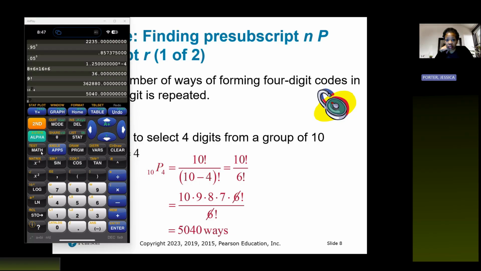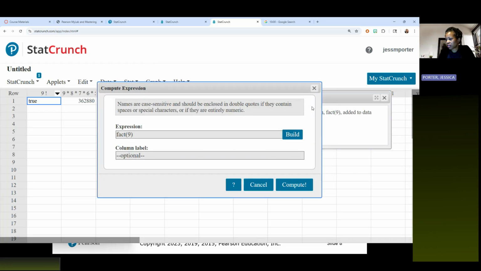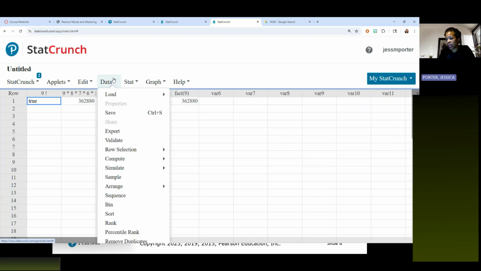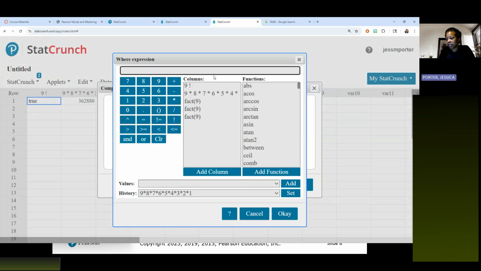In StatCrunch, we have words again. Let me go through the whole thing again, just in case, so we remember how to get there. Data, compute, expression, build. I wonder if I can clear these out. No, it won't let me do that.